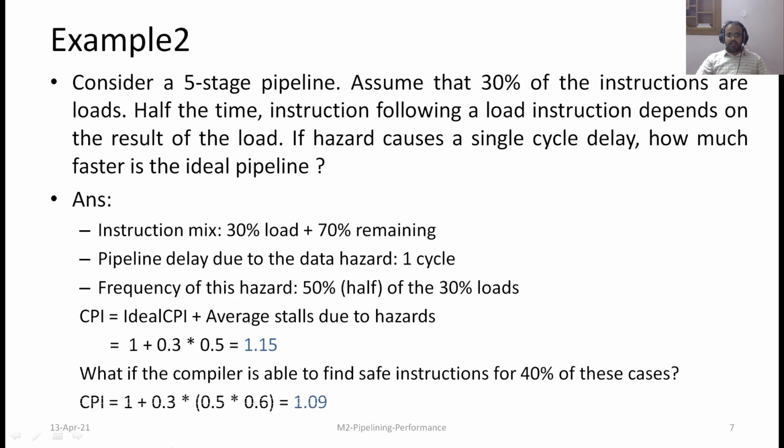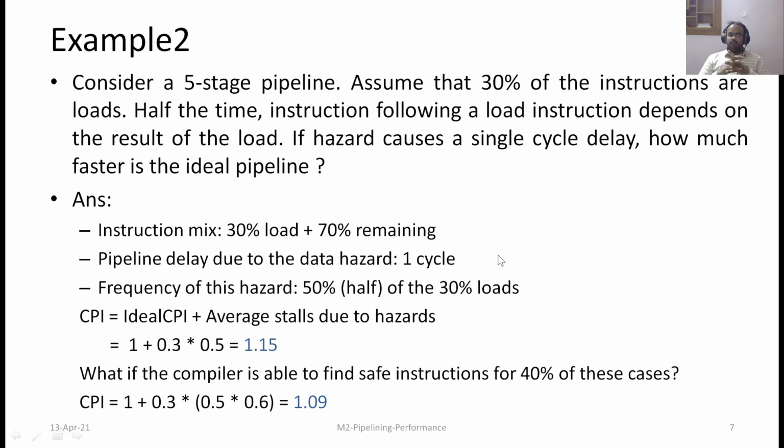What happens then is the CPI would be 1 plus 0.3, which is 30% loads, times 50% of these loads that can possibly cause a hazard, but the compiler was able to handle 40% of them, so the remaining 60% would result in a 1 cycle stall. So the CPI would be 1.09 here.